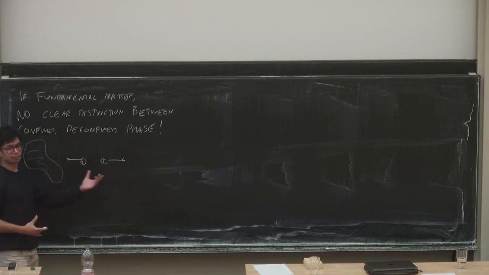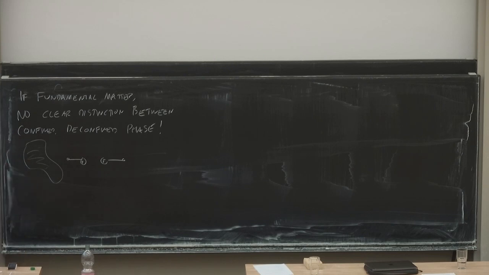Okay? And therefore there's no area law anymore. And there's no sharp way to distinguish the confined and deconfined phase anymore. Okay? So you often hear it said there is no clear order parameter for confinement in QCD. This is why, because QCD has quarks, of course.